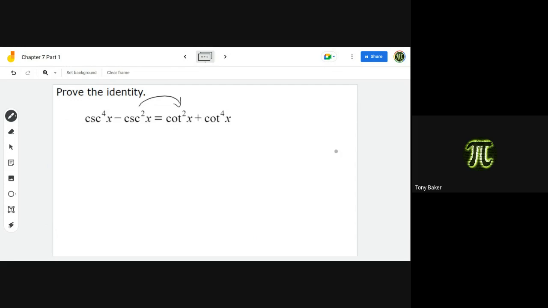All right, so what do we want to try? Okay, so we've got cosecant squared x, and then I have cosecant squared x minus 1.